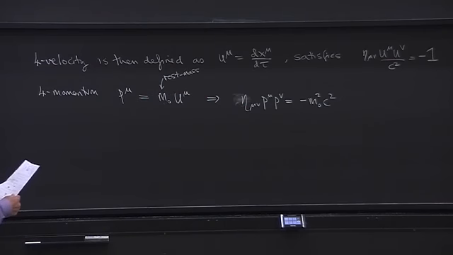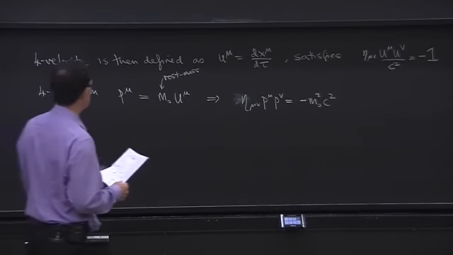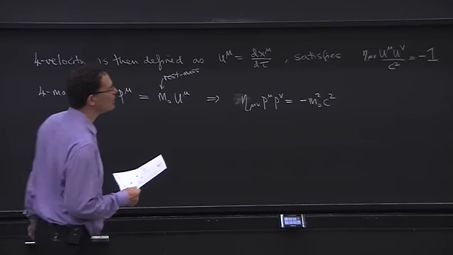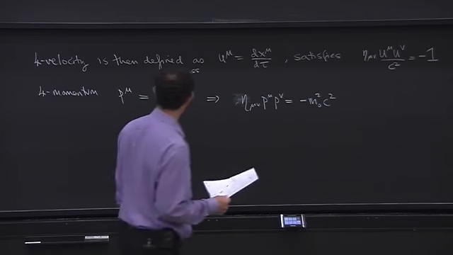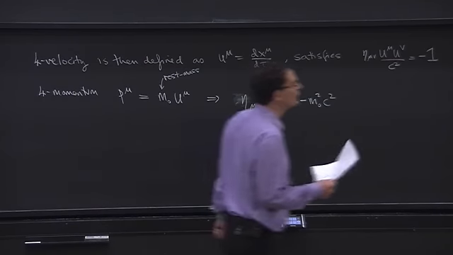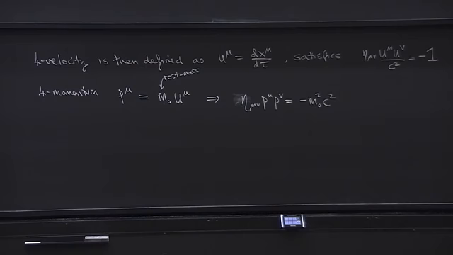Let me just check that. U mu has a velocity. Yes, I'm afraid I'm going to now call this the energy momentum 4 vector.